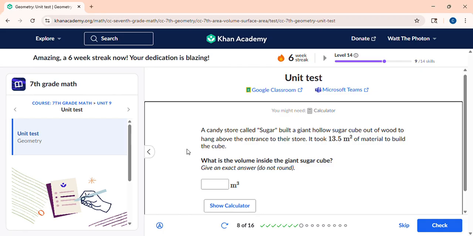So it'd be 13.5 divided by 6. I guess it's 2.25. That's the individual surface of one face. And then we're going to do the square root of that, and then we're going to cube it.